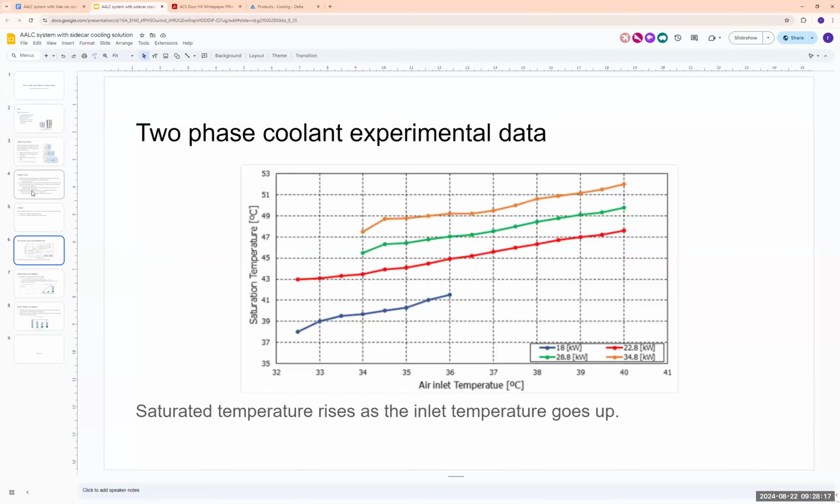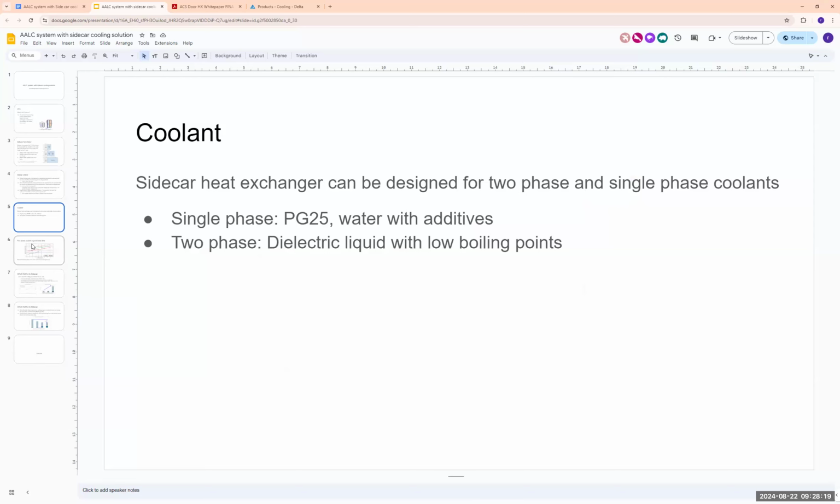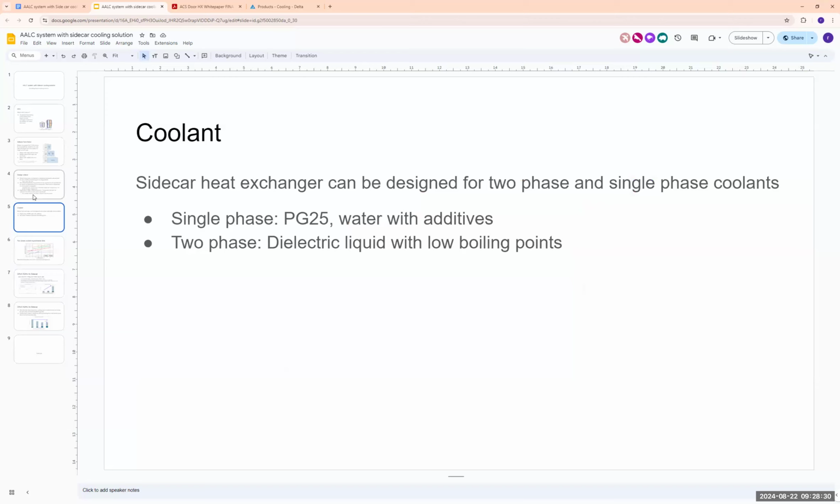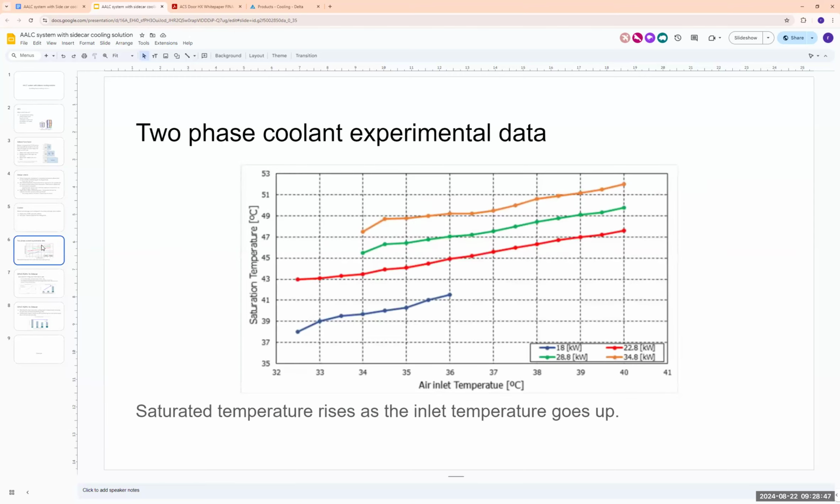Lilach, I would be needing your help in how to explain this slide properly. I know that on the coolant side we can use both single phase and two phase. So I am leaving these two slides for explaining those two, either a comparison of performance or this.